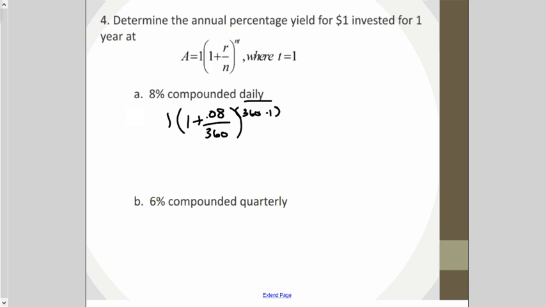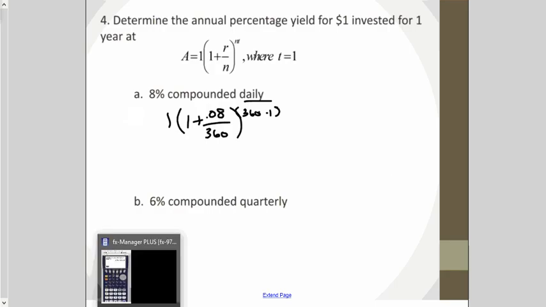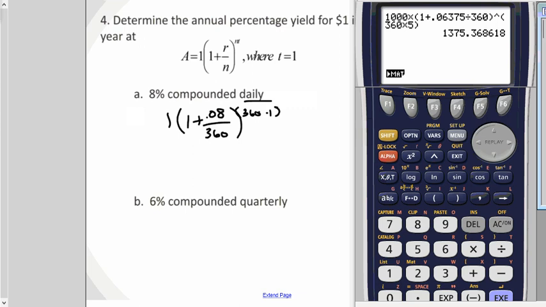Now, when you do this, on the calculator, we'll take 1 times 1 plus, you do need this 1 plus 0.08, you need that in parentheses, divided by 360. Again, if you want to use the fraction button there, you can do that. And then raised to the 360 times 1. Boom.